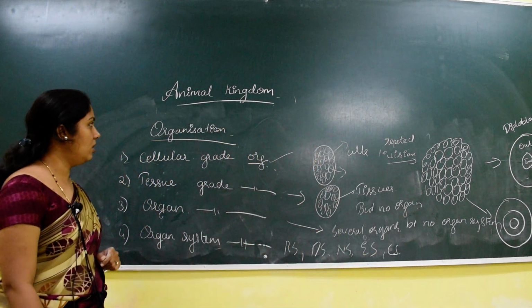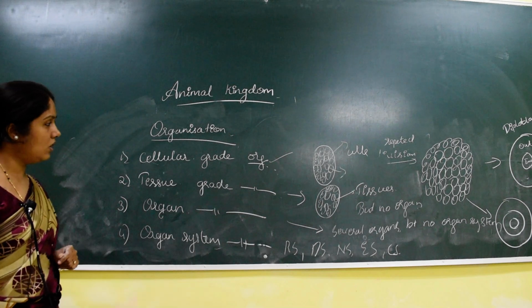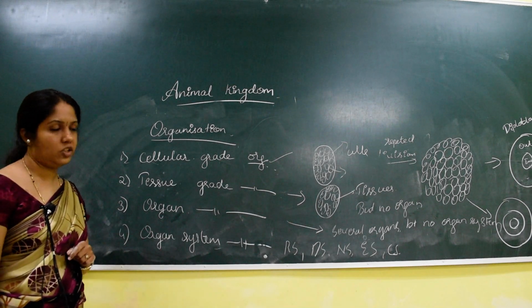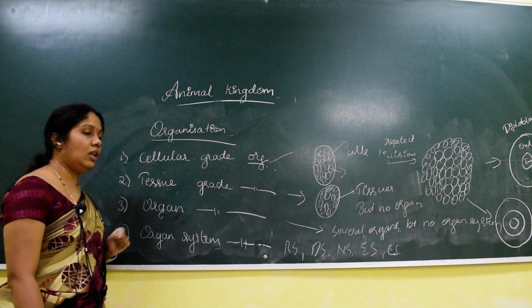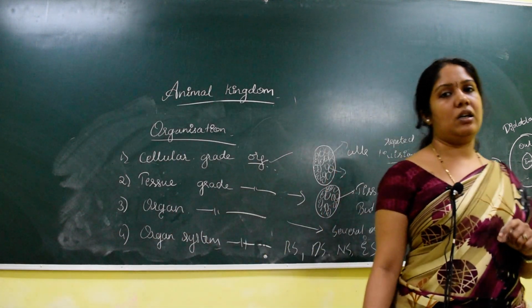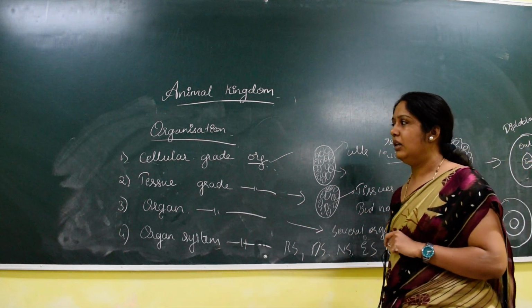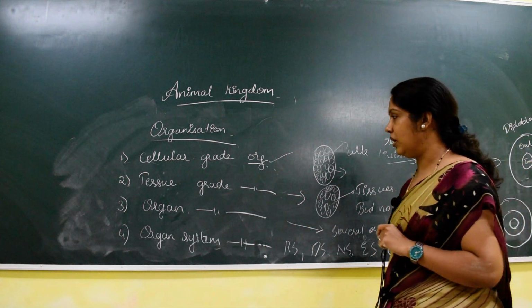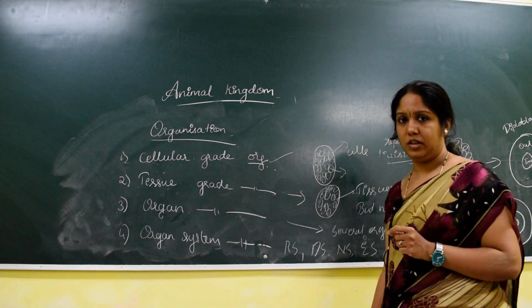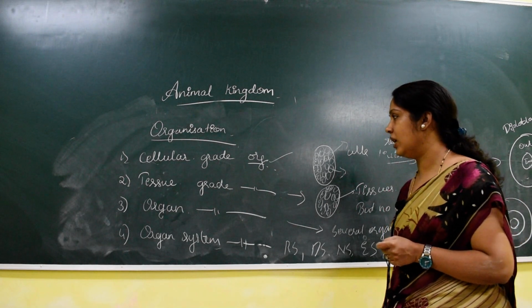So that is about the organization. In the lower phylums we can see the cellular grade of organization. Next, in the next phylum we can see the tissue grade of organization, where there is only development of tissue but there is no formation of organ. So that is tissue grade of organization.